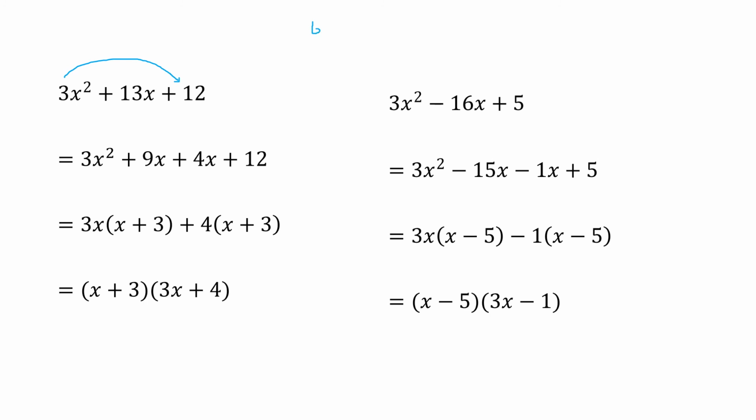Okay, so by multiplication we need 36. This sign is plus, so by plus we need the middle number 13. Okay, so we go for factors of 36, 1 36s are 36.